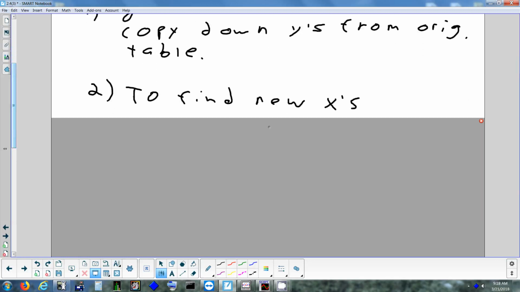So when we write down our original table, what is the first x coordinate in sine or cosine? First x is always what? It's always 0. Now let's say you double 0. Stretch it. If you double 0, what do you get? You still get 0. What about if you compress 0? Let's make it smaller, take half of it. What do you get?